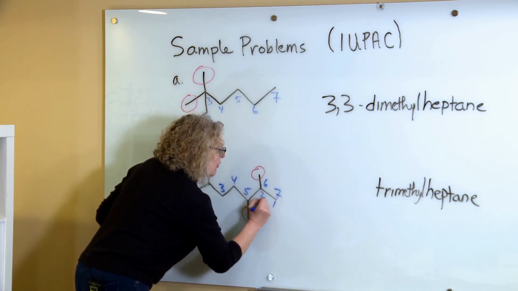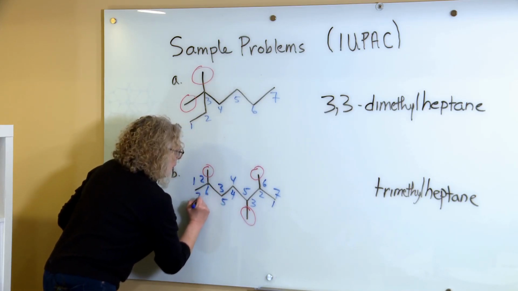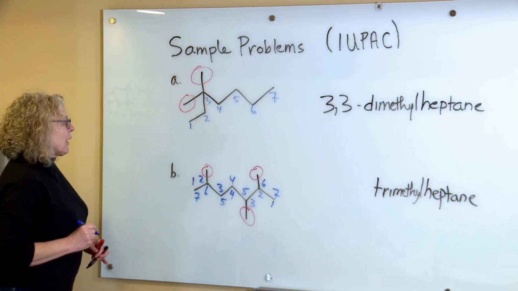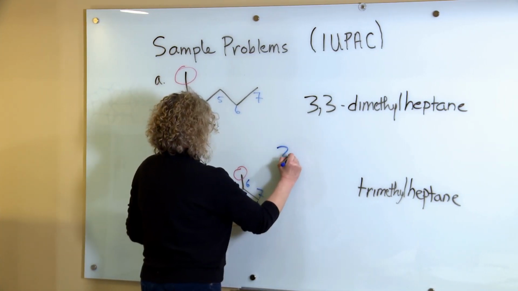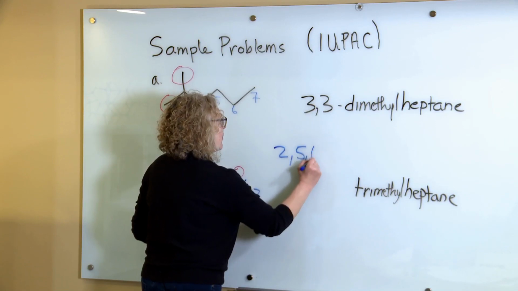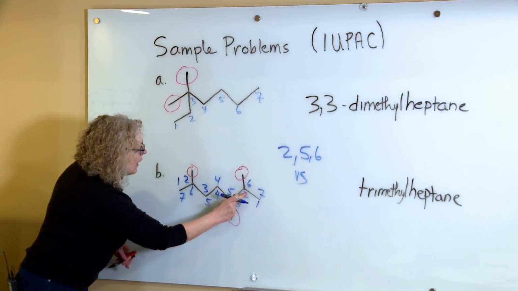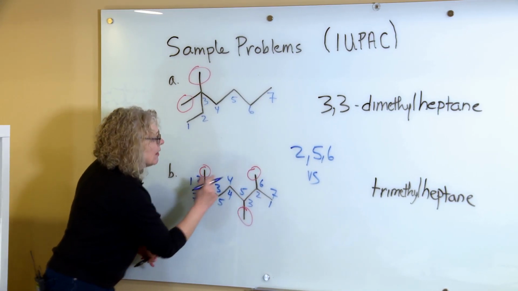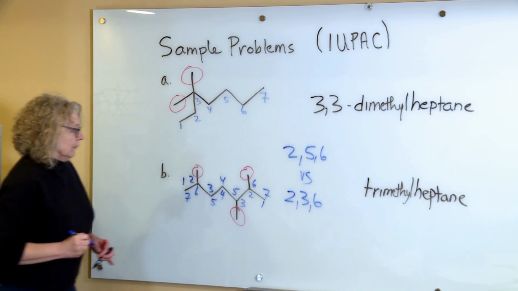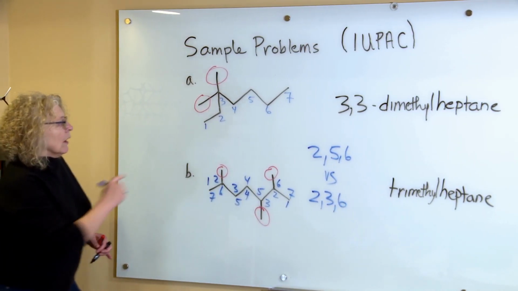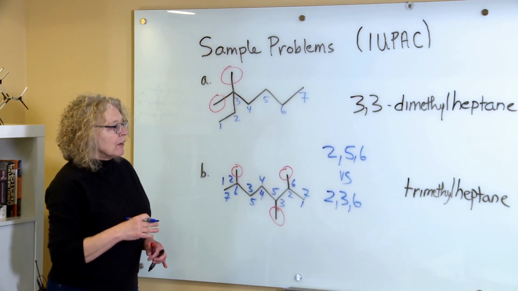In this case, I suggest that you number in both directions and compare the numbering schemes. So along the top, this is a 2, 5, 6 trimethyl. Along the bottom, it's a 2, 3, 6 trimethyl. 2 and 2 are the same, so we cannot decide on that number.